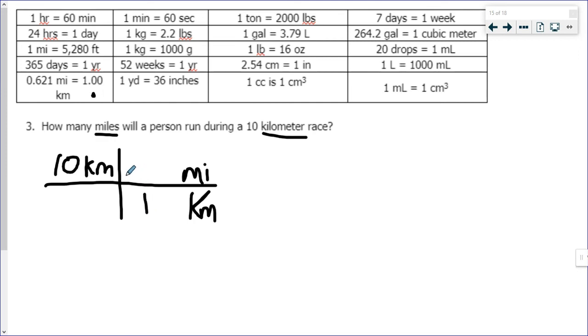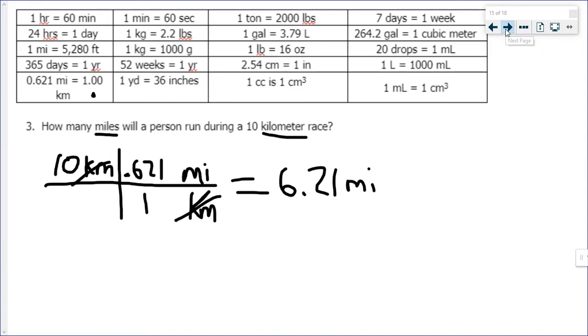This is a 1, and this is going to be 0.621. So our answer to this problem is going to be 6.21, and that's going to be miles because our kilometers canceled out.